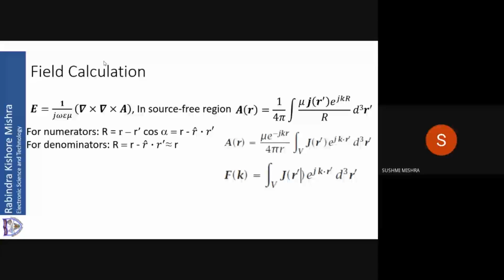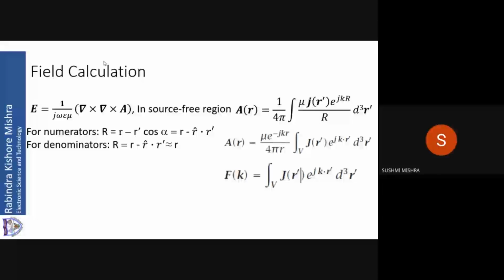In the far field region, these approximations for capital R are valid, because the variation is 1 upon R. If we are in the near field region, then these approximations will not be valid, because we cannot neglect 1/R squared and 1/R cubed terms. So these are for the far field or the radiation field. So we call A(r) the radiation vector potential, and F(k) the radiation vector.